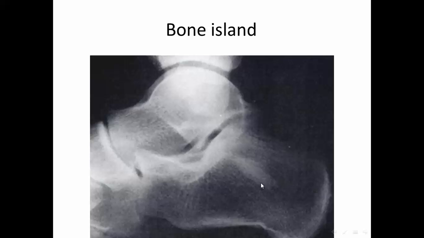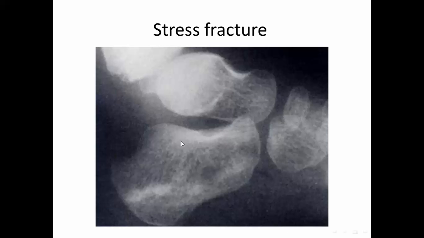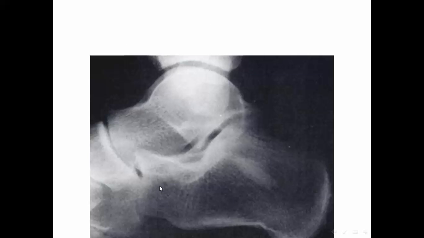So bone island, stress fracture, and bone infarct are all seen producing bone sclerosis. But the difference is that a stress fracture usually reaches the surfaces, while a bone island is within the bone.